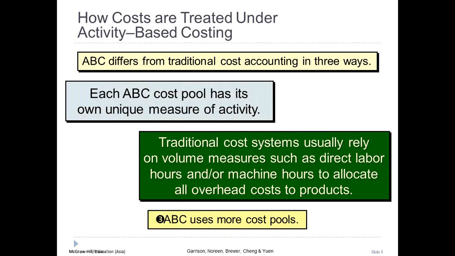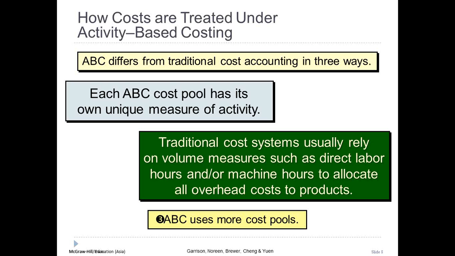Each ABC cost pool has its own unique measure of activity. On the contrary, traditional cost systems usually rely on direct labor hours and/or machine hours to allocate all overhead costs to products. Direct labor and machine hours work correctly when changes in the quantity of the base are correlated with changes in the overhead costs being assigned using the base.